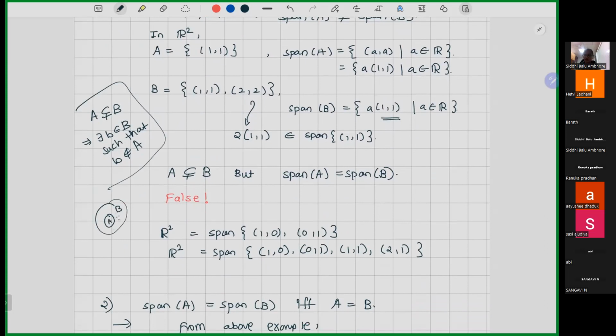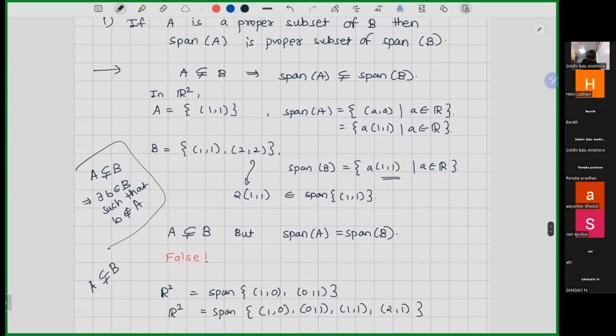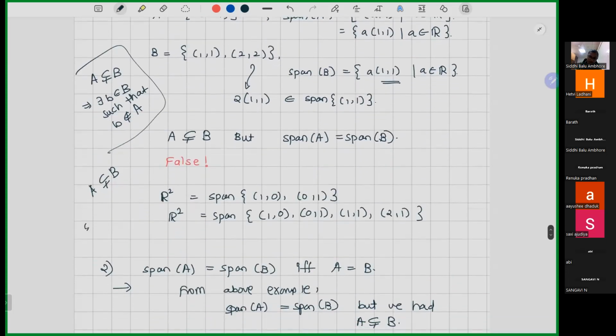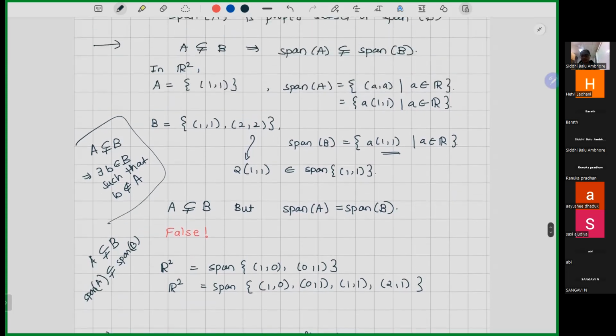There are elements which are not in A. B has more elements than A. But we want to check whether span of A is properly contained in span of B or not. This is what the question is asking.